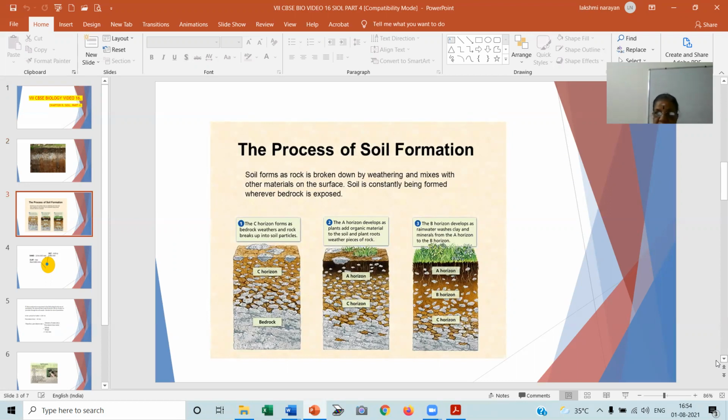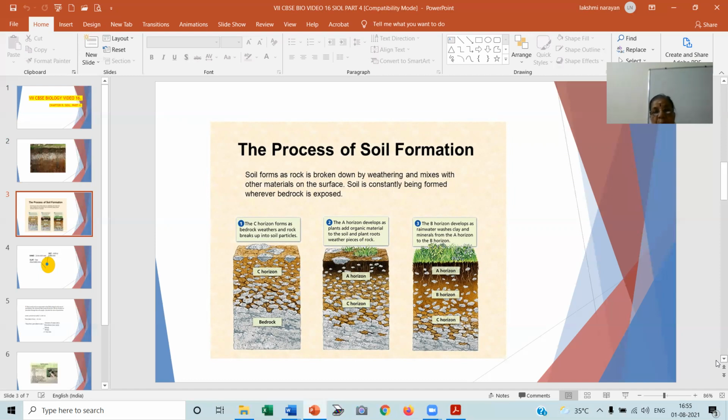The next one is the process of soil formation. We already learned this, but it is a reminder. Soil forms as rock gets broken down by weathering and mixes with other materials on the surface. It is constantly being formed wherever bedrock is exposed. In the first figure we see the C horizon, in the second the A horizon and C, and in the third figure the A, B and C horizons. These are layers of soil.